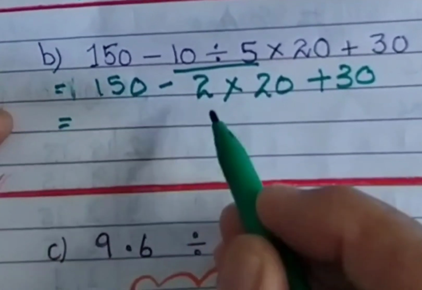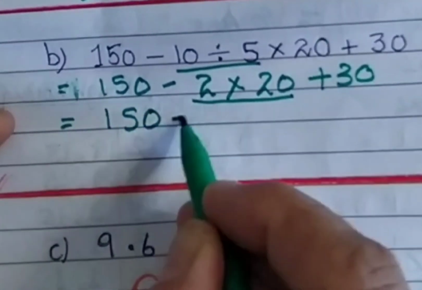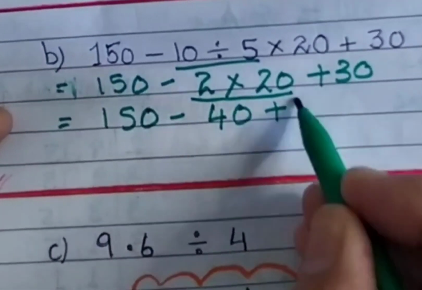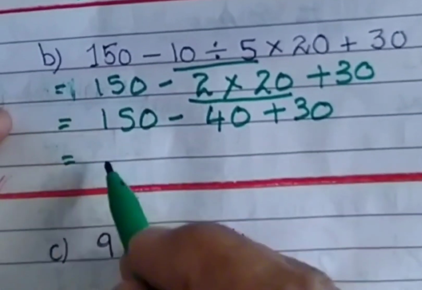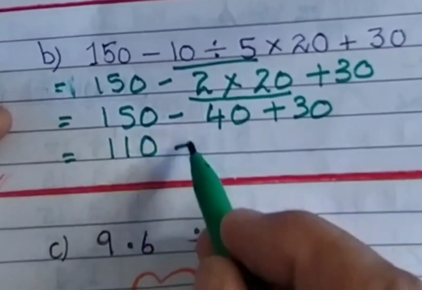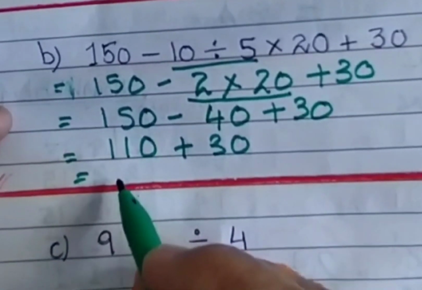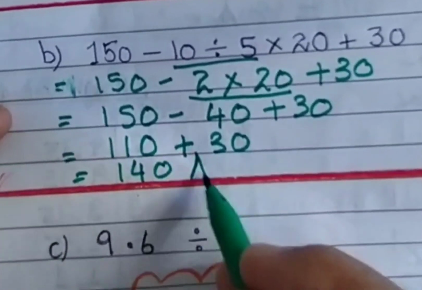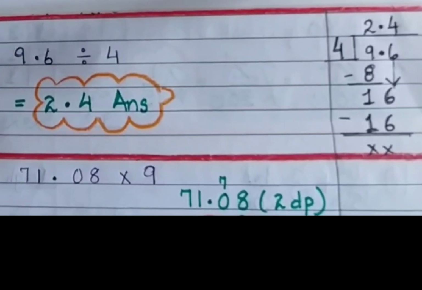So now we will multiply: 150 minus 2 20s is 40 plus 30. Alright, then 150 minus 40 gives you 110 plus 30. The answer would be 140.